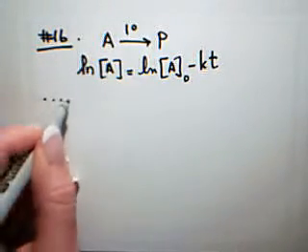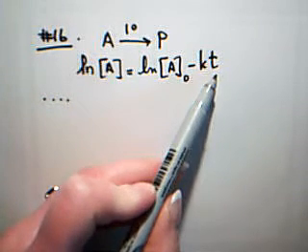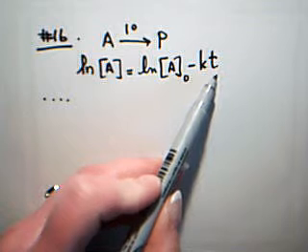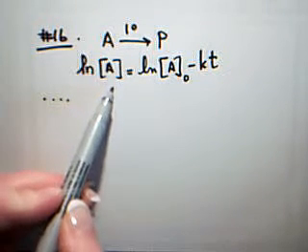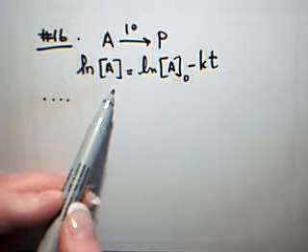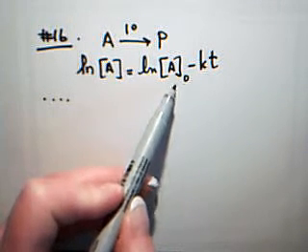And we saw that when enough time has passed such that we've reached the half-life, then we write t as t1/2, and it means that the concentration of A at that point in the reaction is equal to 1/2 of [A]initial.